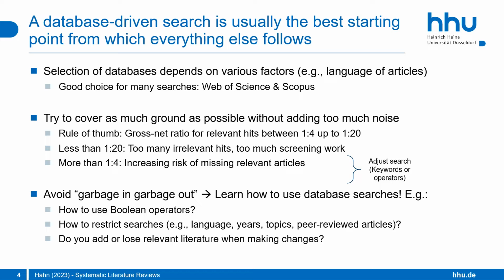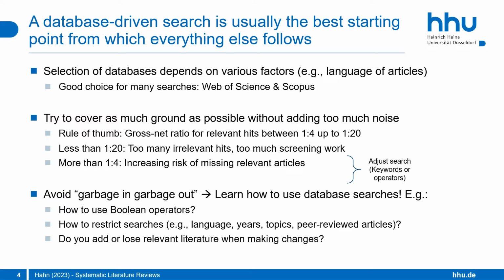And then some advice with the keyword search. I'm going to talk about how to build a keyword search on the next slide, and I also have specific videos on that. But I usually advise people to try to cover as much ground as possible with the database search. So find as many articles as possible that are relevant for your topic, however, without adding too much noise.